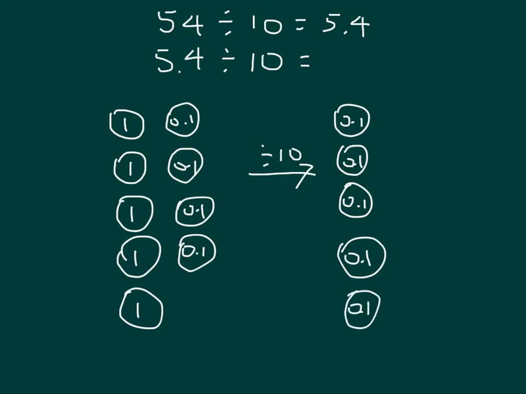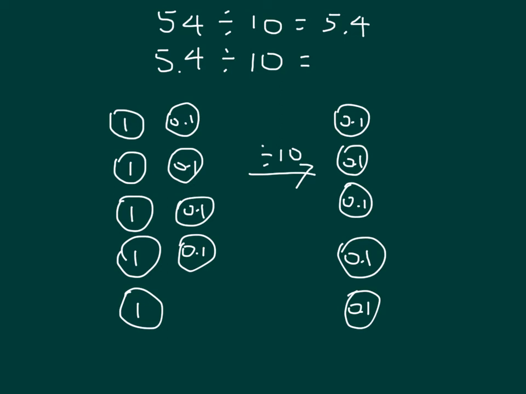When I divide 1/10 by 10, I would get 1/100th. The digit shifts one more place over to the right when I divide by 10. So for 4/10 divided by 10, I would get 4/100ths.